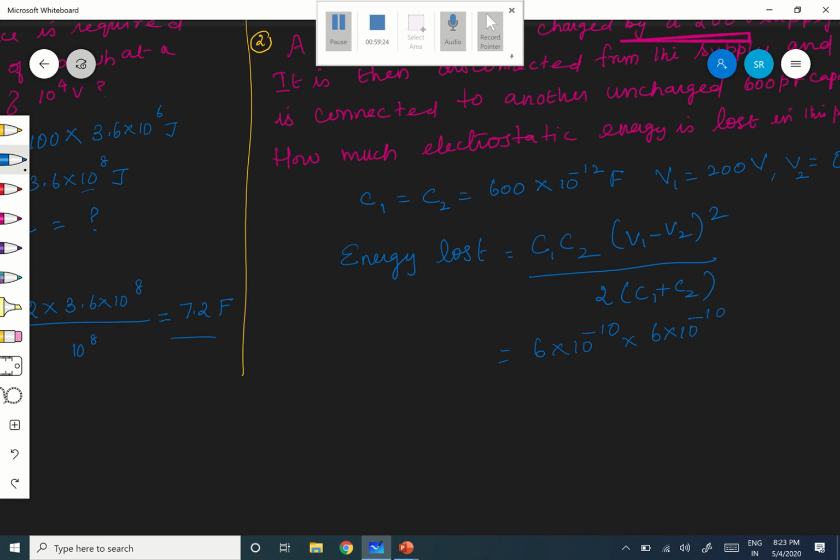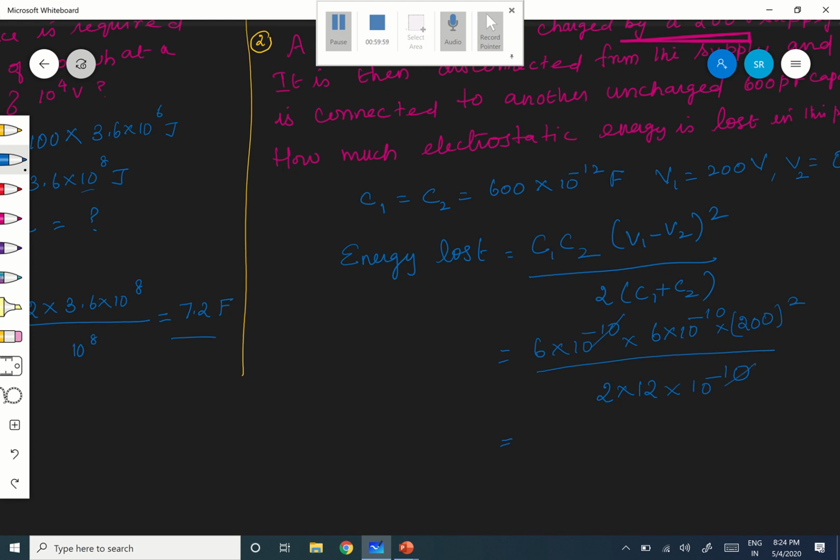V1 minus V2, V2 is 0. Therefore, you can say 200 the whole square, divided by 2 into C1 plus C2, which is 2 into 12 into 10 power minus 10. Okay, when you calculate everything, so many things are cancelling.